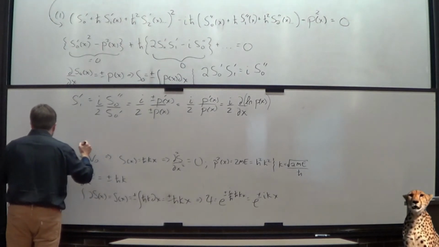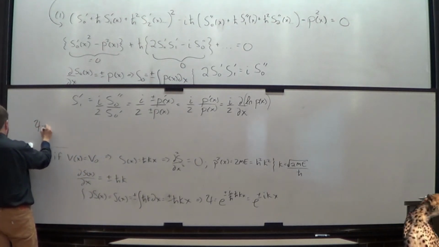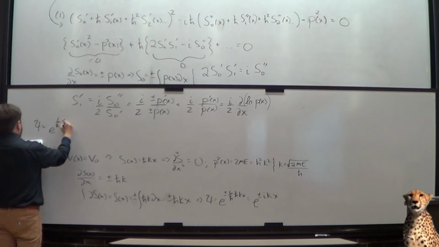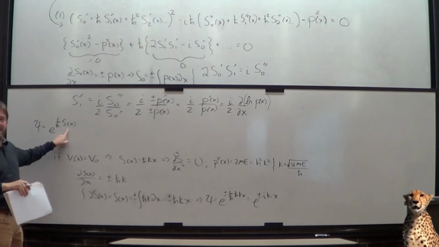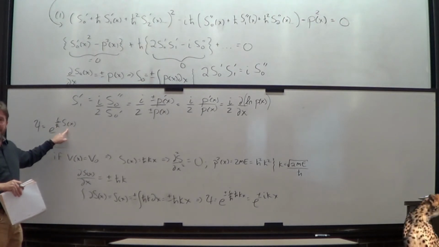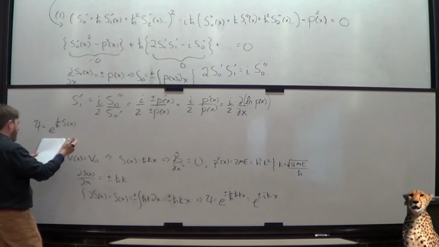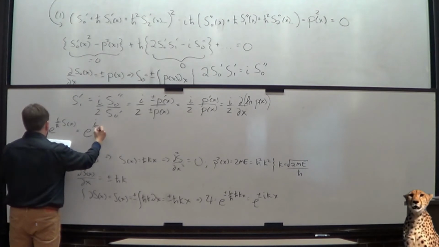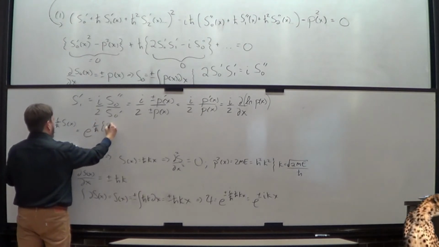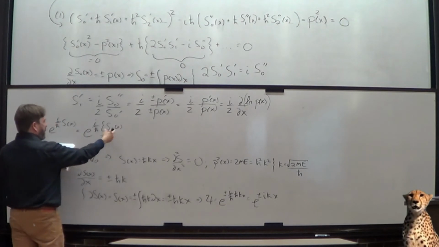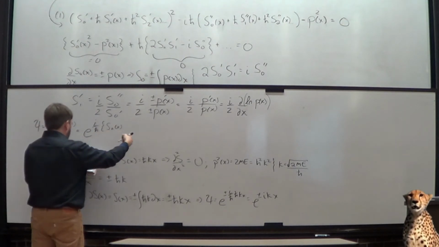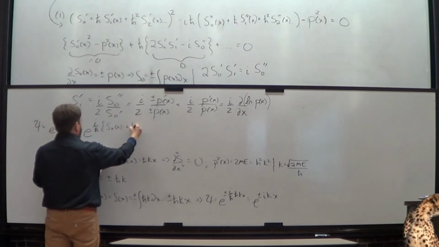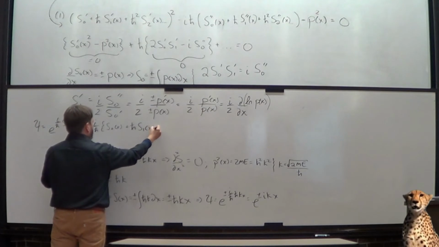This is neat. Okay. So the wave function is e to the i over h bar f of x. Now remember that I'm going to expand this to s0 plus h bar s1 and so on. Okay. So e to the i over h bar s0 of x, which we know is plus or minus the integral, plus h bar s1 of x.